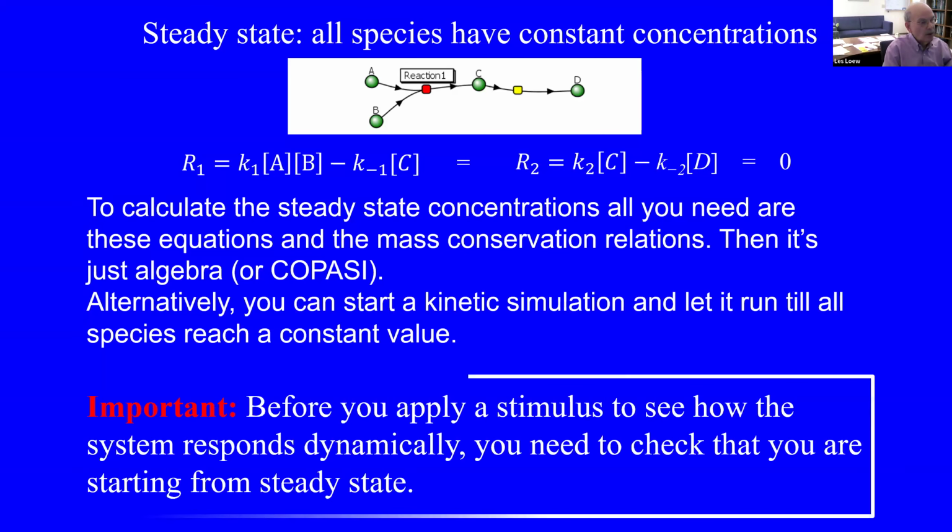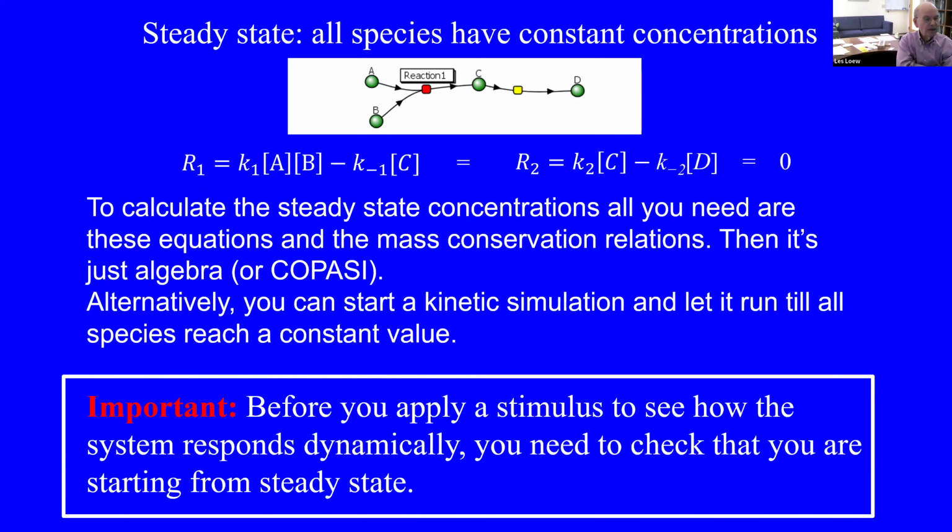But one important point that I want to make in terms of modeling your systems, very often, especially in cell signaling, you want to apply a stimulus. Let's say you want to produce a response to a ligand binding to a receptor. So at time 0, you'll add some concentration of that ligand.